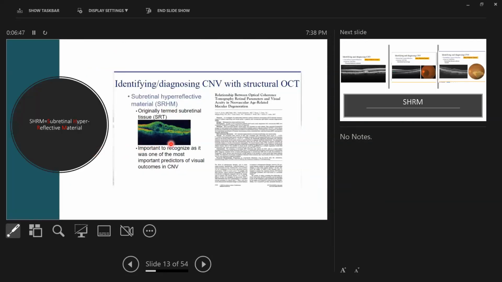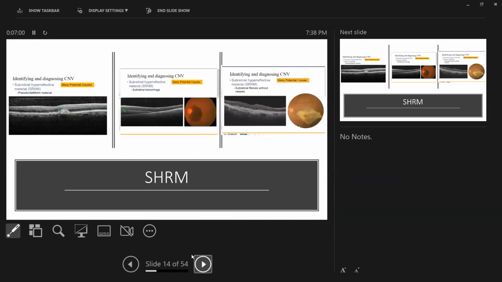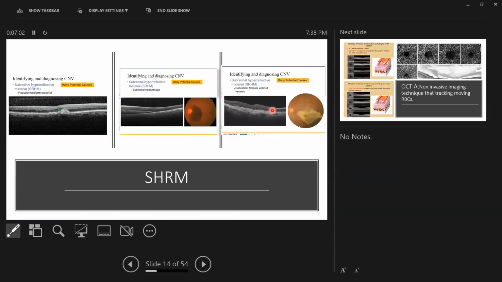Okay, so not every subretinal hyperreflective lesion is an indication of CNV. It could be something else. In general, we call it subretinal hyperreflective material, or SHRM, and SHRM can mean different things. For example, in this case, this subretinal hyperreflective material is not a CNV. It's a fibrotic neovascular membrane, macular neovascularization.